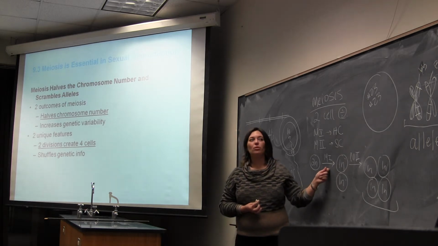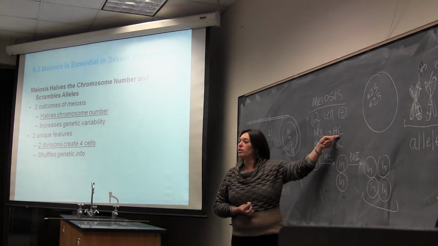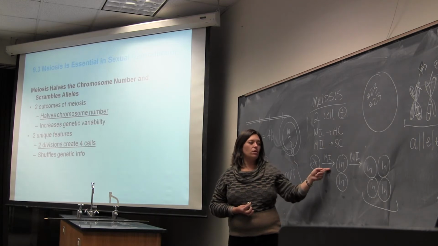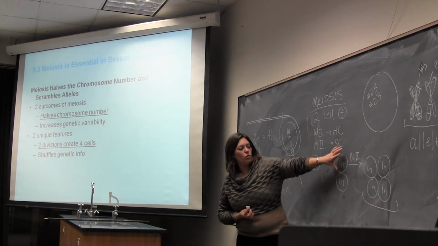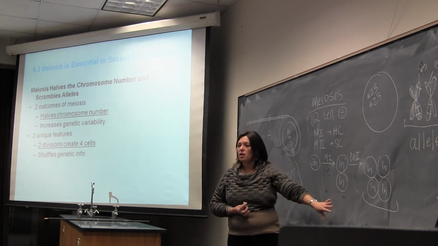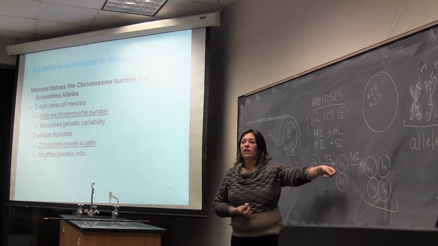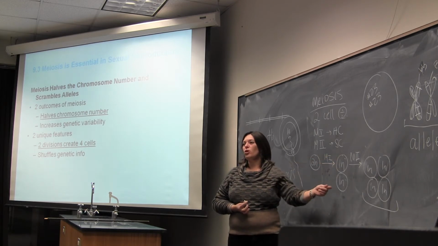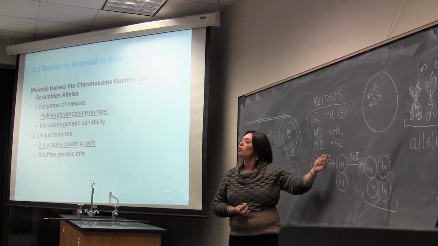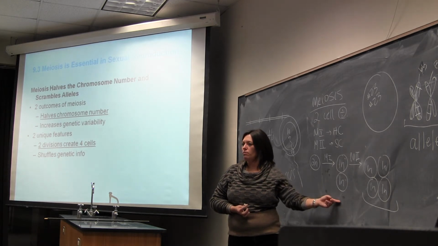Then we're going to separate those homologous chromosomes that we talked about in meiosis 1. So after meiosis 1, we end up with two cells, and they're going to have either a chromosome 1 from mom or a chromosome 1 from dad. They're not going to have both, which is why they're haploid.